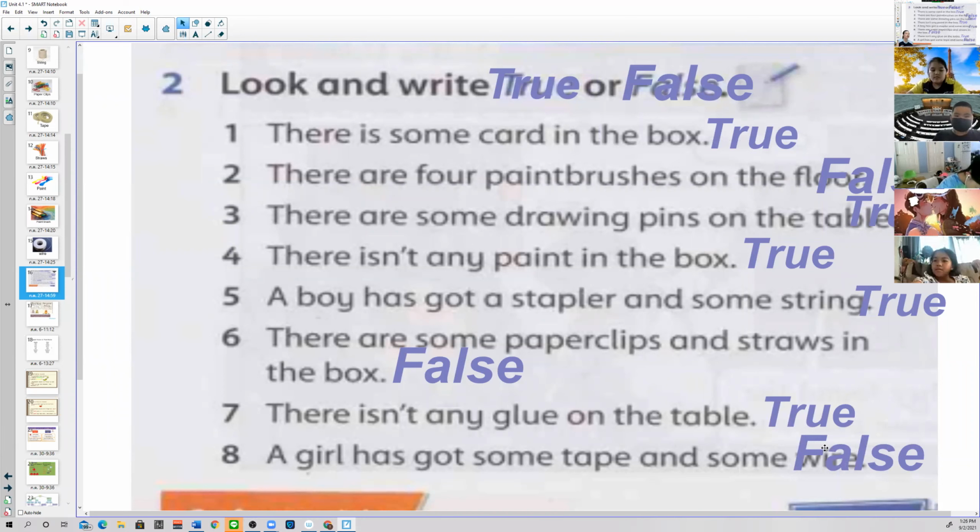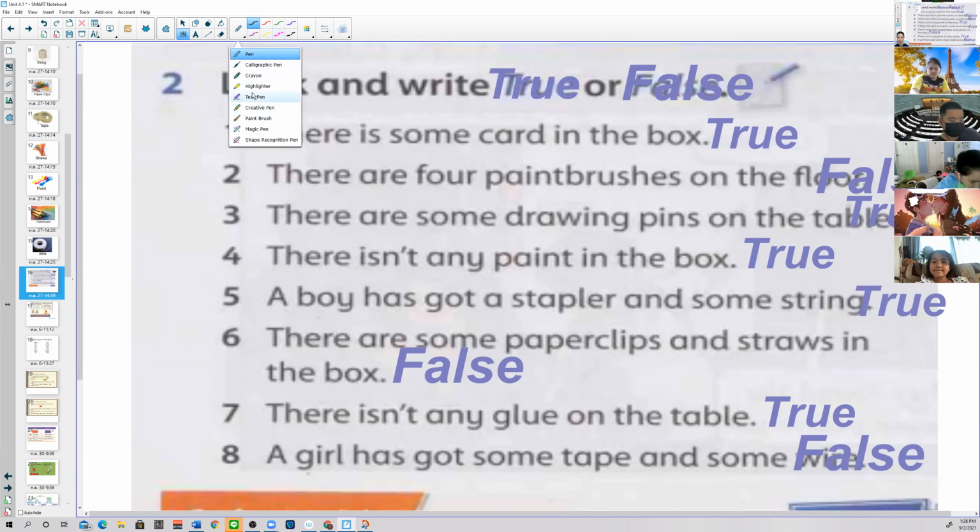So, can you guess about this unit? Oops, sorry, I forgot to share the picture. Okay. Can you guess about the unit? We are doing some vocabulary in here. Okay, look.